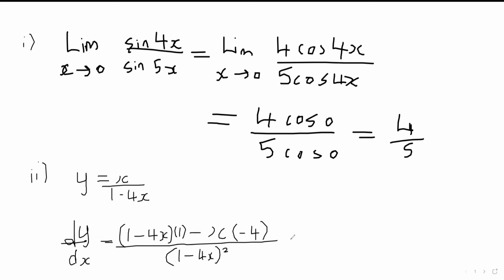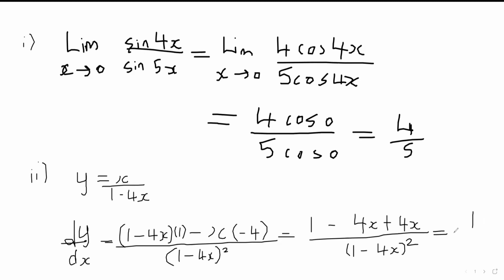Nice. So dy by dx works out to be, simplifying the numerator, 1 times 1 is 1, minus 4x. Then this is minus 4 times negative x, so it becomes plus 4x. And that is over 1 minus 4x all squared. As you can see, Marika, the minus 4x and the plus 4x cancel.